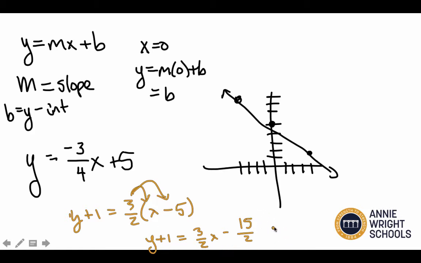Subtract the 1, and then you end up getting y equals 3 halves x minus 17 halves, since 15 halves minus 1 is 17 halves. So that equation has a y-intercept of -8.5, and a slope of 3 halves. Not always easy to graph a fraction as the y-intercept, but you could if you were careful.